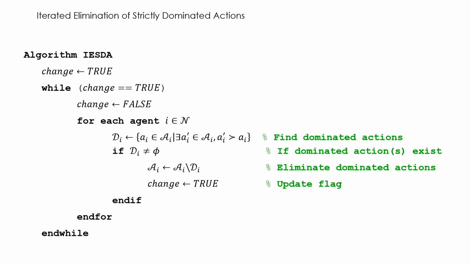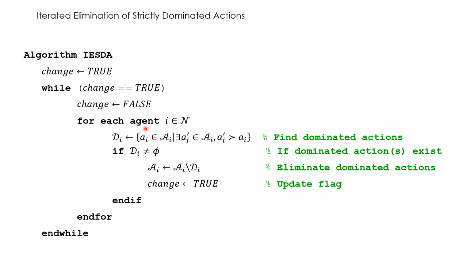This is the IESDA algorithm. At first, a Boolean flag change is initialized to true so that the while loop below it executes at least once. The while loop will be executed as long as the flag change is true. The algorithm terminates when the flag becomes false.